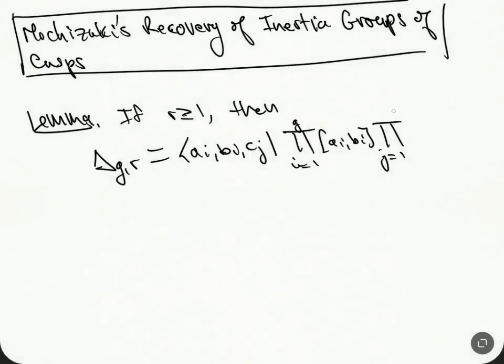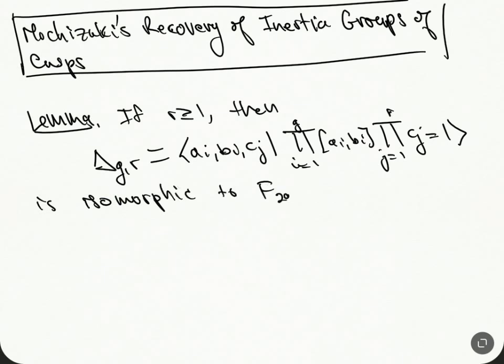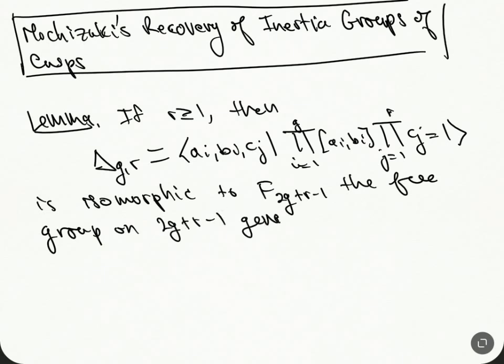This is isomorphic to F_{2g+r-1}, the free group on 2g + r - 1 generators.